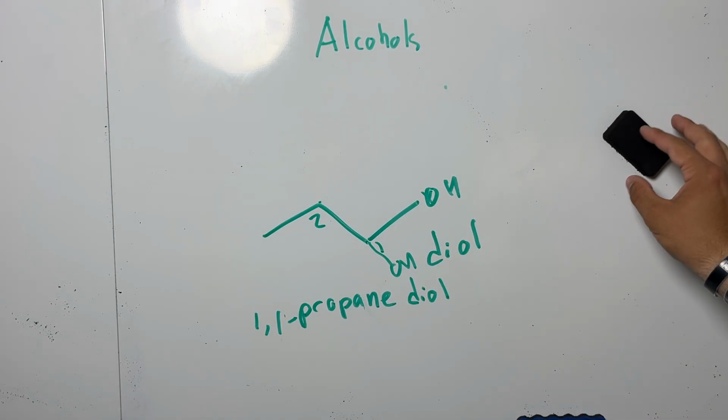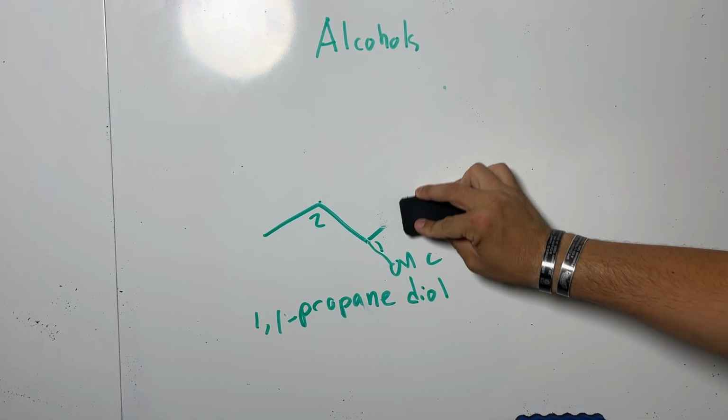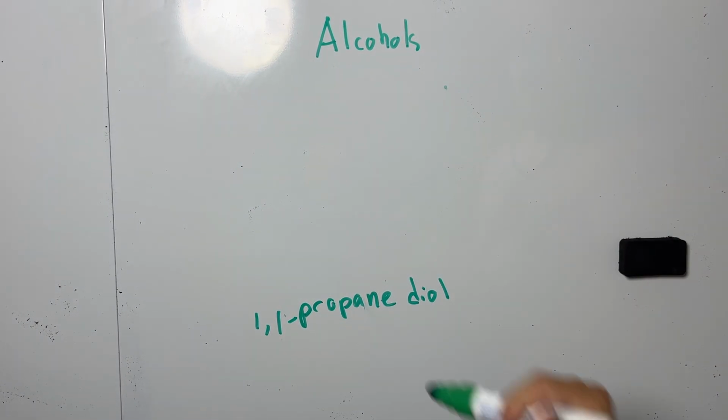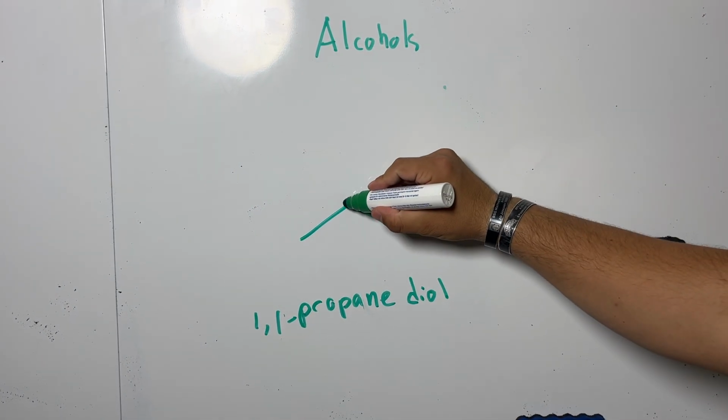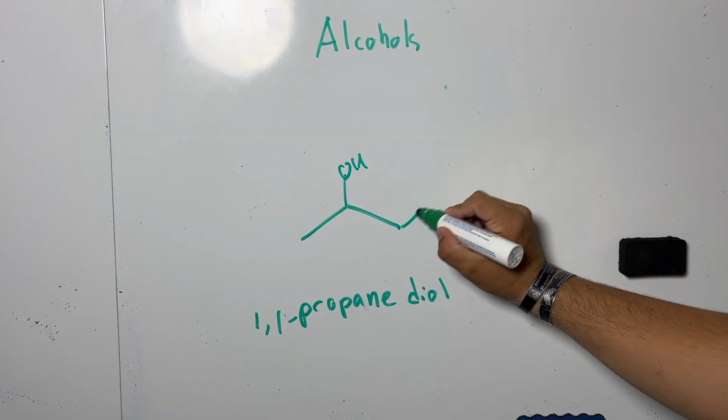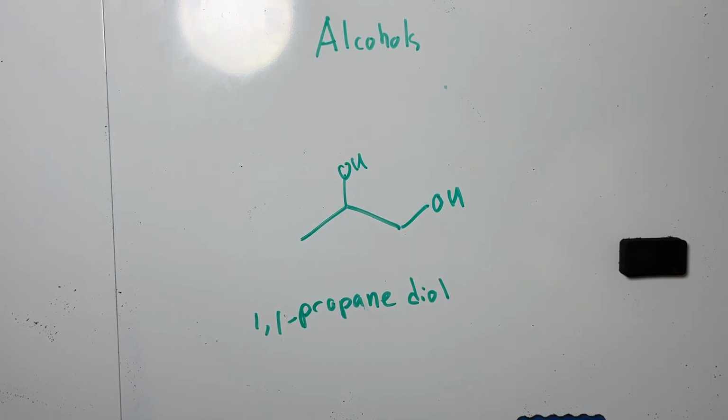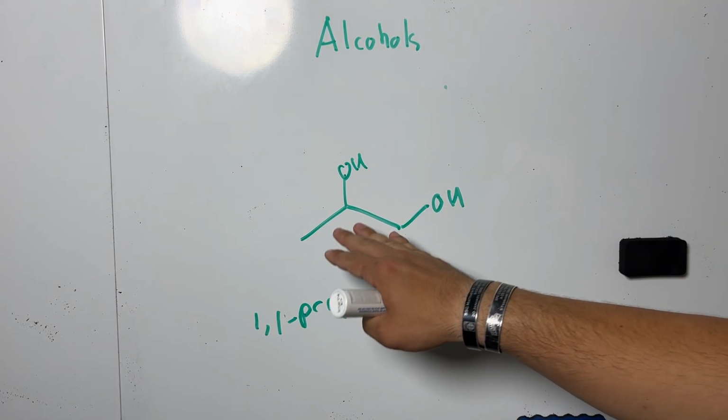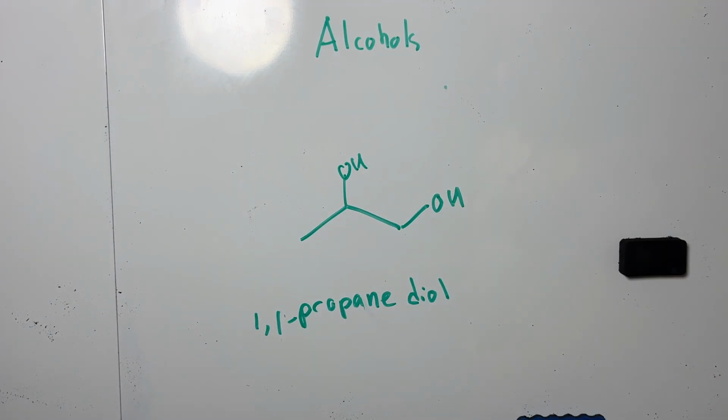Additionally, when the two alcohols of a diol are next to each other like this on neighboring carbons, these are known as glycols. They're kind of neighboring, and they're a subset of diols. So this is sometimes referred to as propylene glycol.